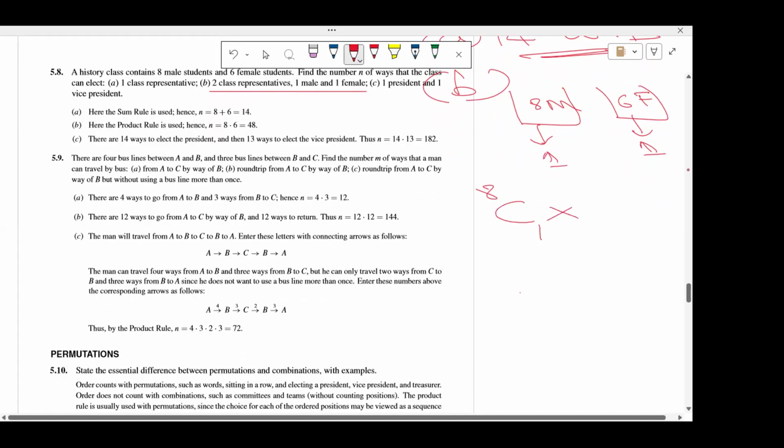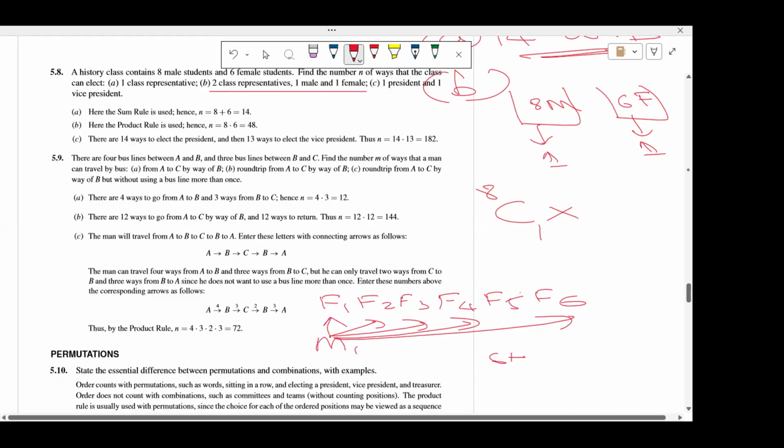Let me explain. I'm writing the females as F1, F2, F3, F4, F5, F6. If I take male student one, how many possibilities do I have with him? 6 possibilities.